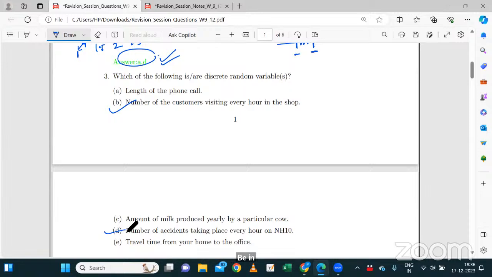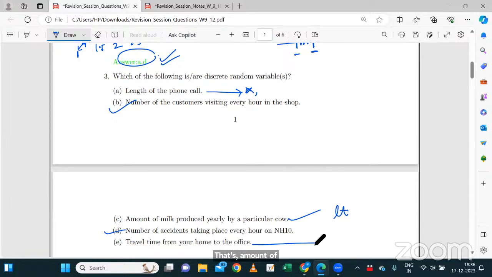B and D. Length of a phone call is not discrete, because we cannot count. Length can be 1 minute, 2 minutes, it can be 1.32, some seconds, even nanoseconds. Amount of milk you have to measure in liters, we cannot count.